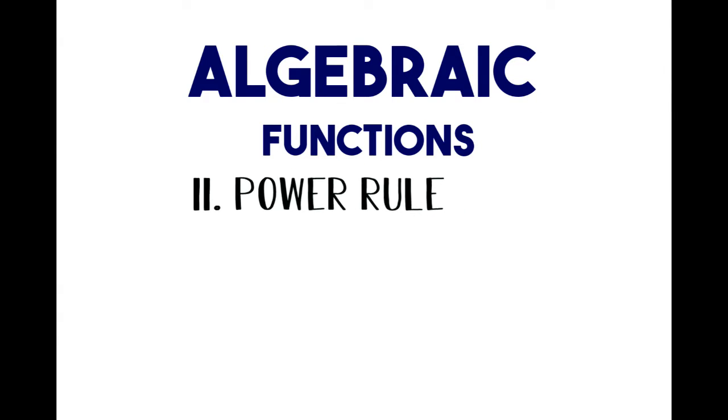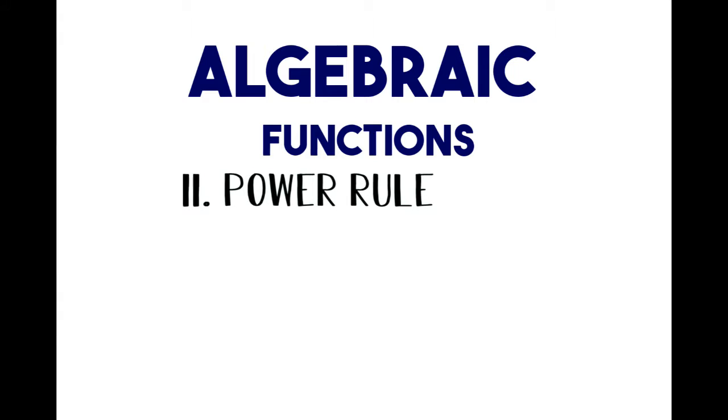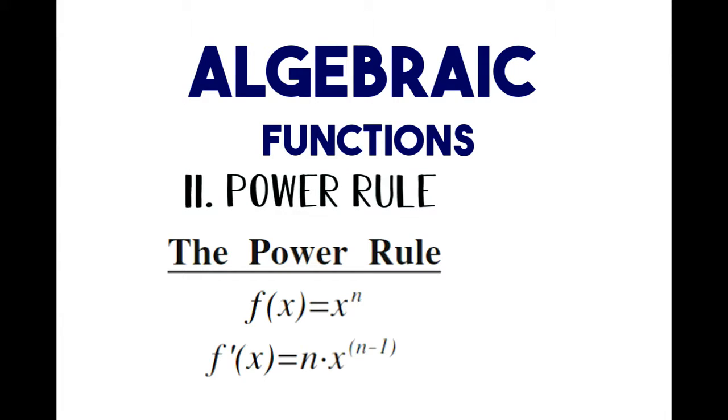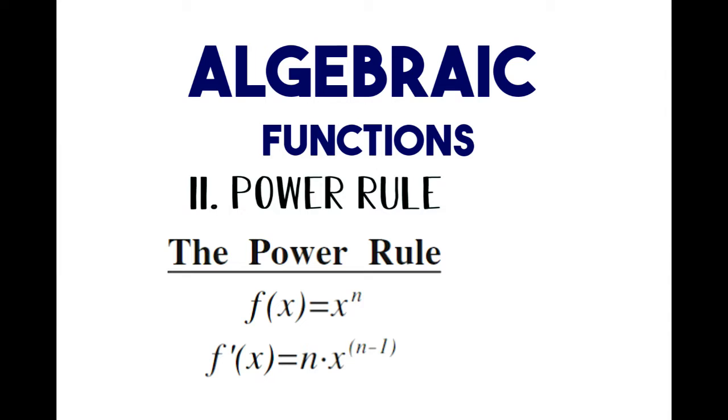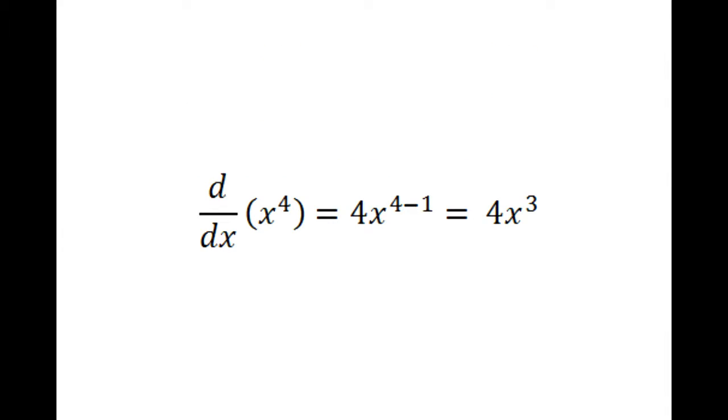The power rule. It states that if n is a rational number, then the derivative of the function x raised to n is n times x raised to n minus 1. For example, sa power rule, meron tayong given na x raised to the 4th power.